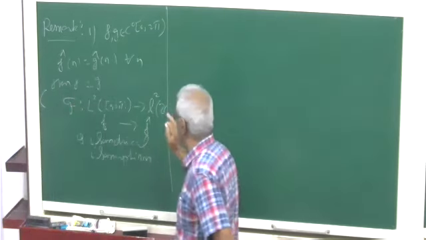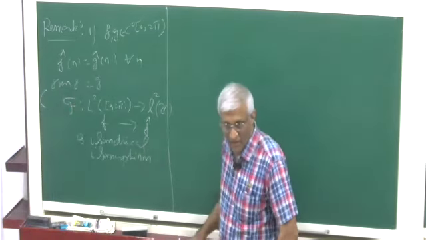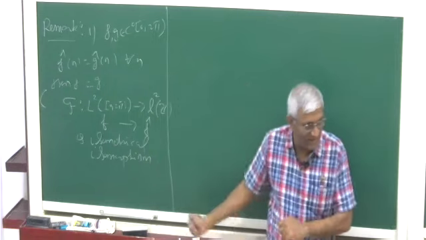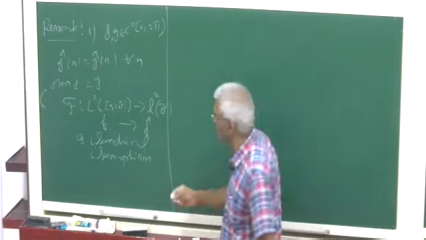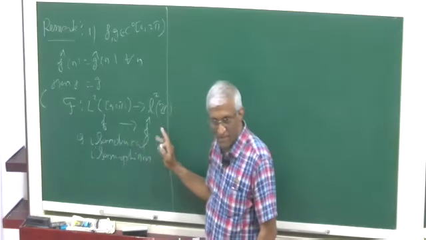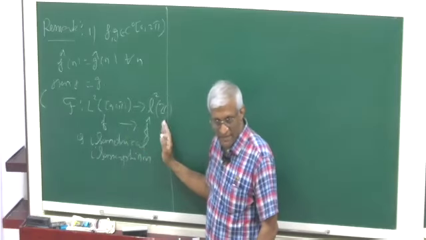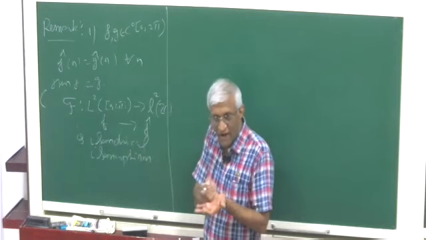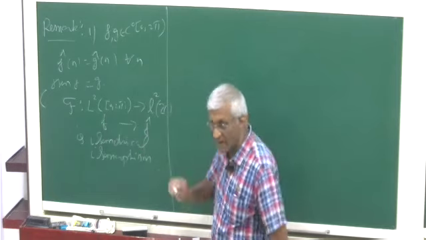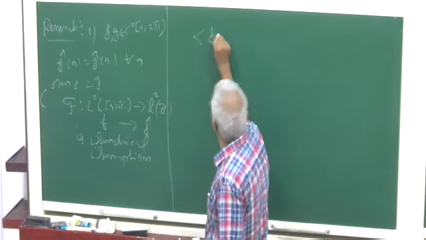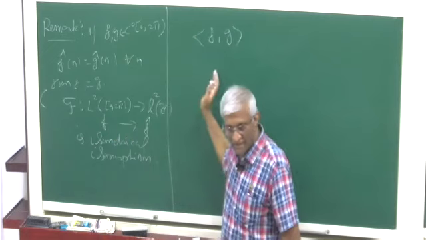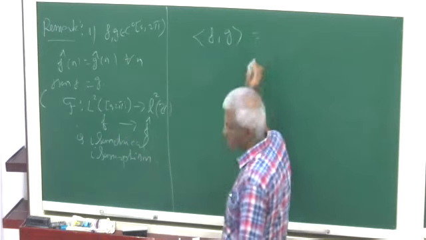I will tell you the proof and leave this as an assignment. This is very easy. What is an isomorphism? It should be a bijection, number one, and it should preserve the inner product. For a normed linear space it will preserve the norm; for this, it will preserve the inner product, the inner product between f and g bar.